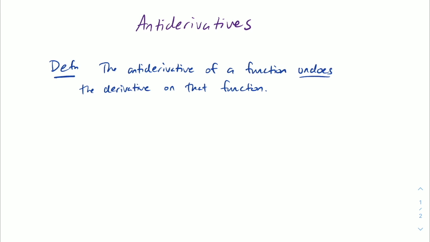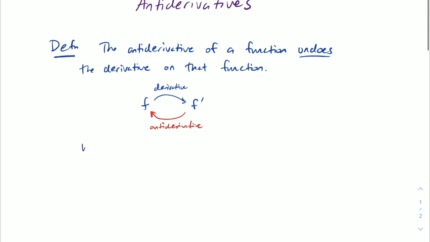So schematically, if a derivative takes you from f to f prime, an antiderivative takes you back. The antiderivative goes the reverse direction. And we're going to use some notation to denote this antiderivative.